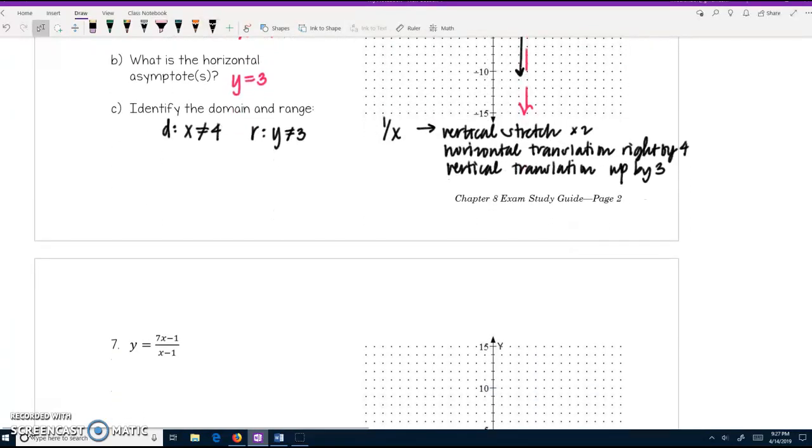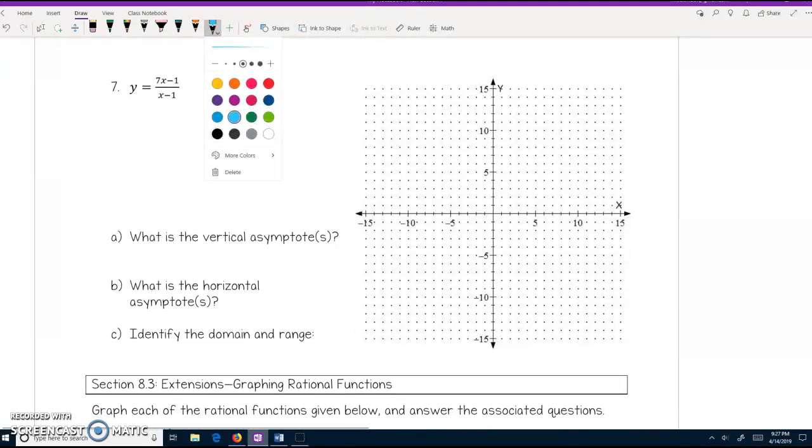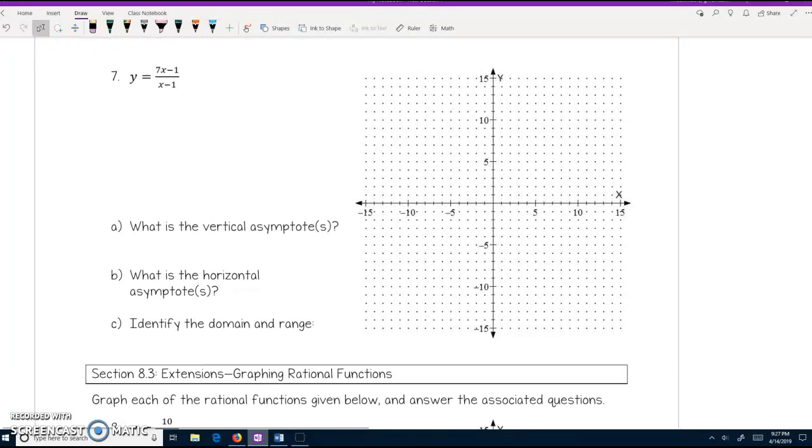Then let's go ahead and take a look at graph number 7. So with this graph, just like before, we want to identify what our vertical asymptote and what our horizontal asymptotes are. I usually like to do this before I pick points. That way I have a clear sense of what I want to pick above and what I want to pick below. So my vertical asymptote here is going to be x is equal to 1 because I can't plug 1 into that denominator.